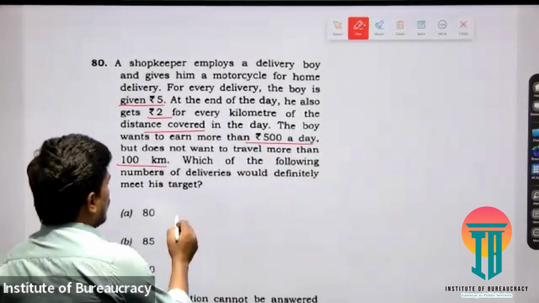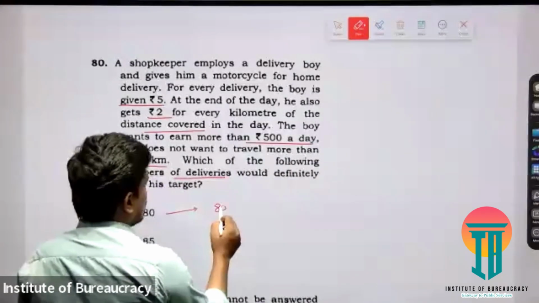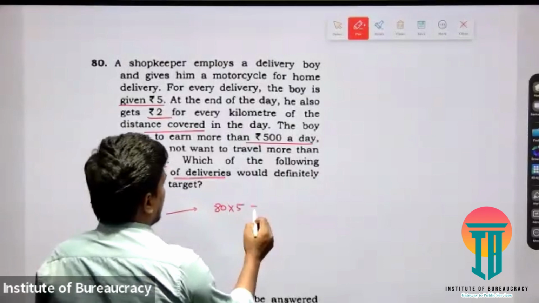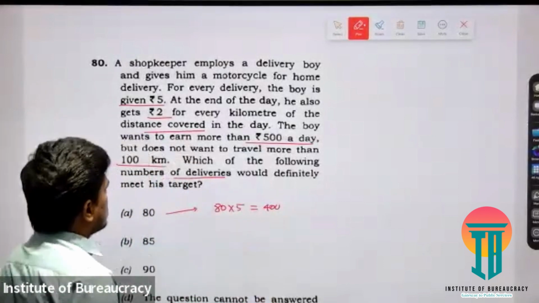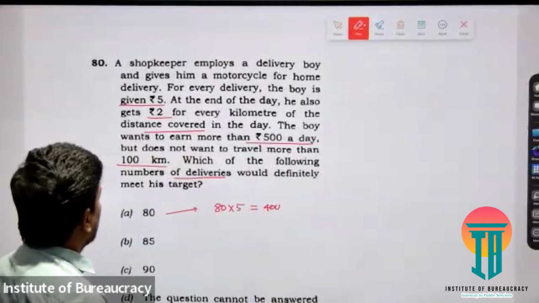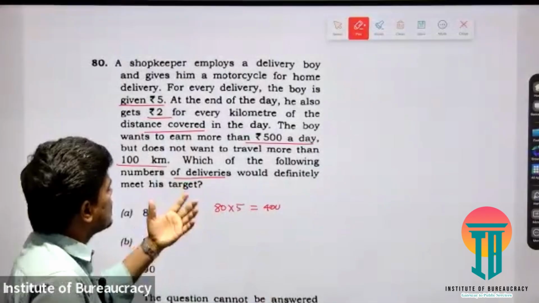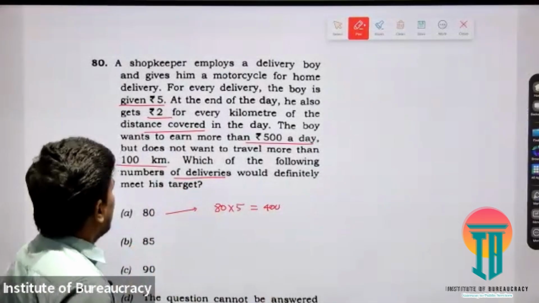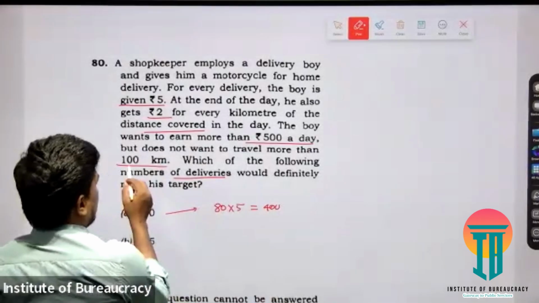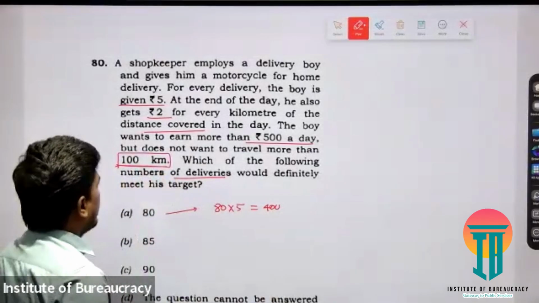If he is doing 80 deliveries, 80 into 5 gives 400 rupees. But this is through the number of deliveries. How much distance has he traveled? Have they given any clue? They said he doesn't want to go beyond 100 kilometers per day.